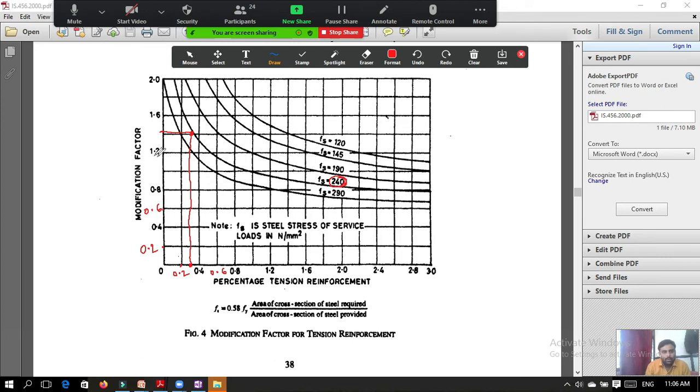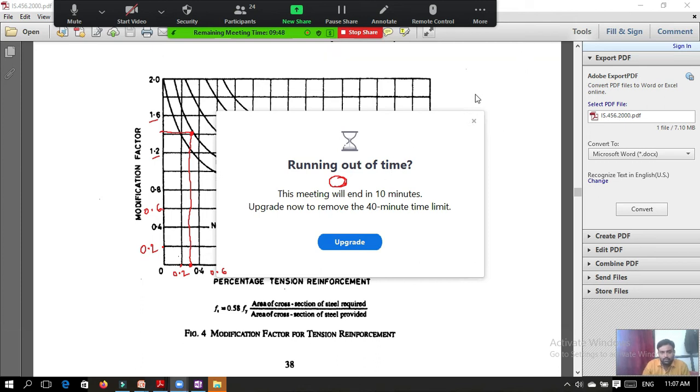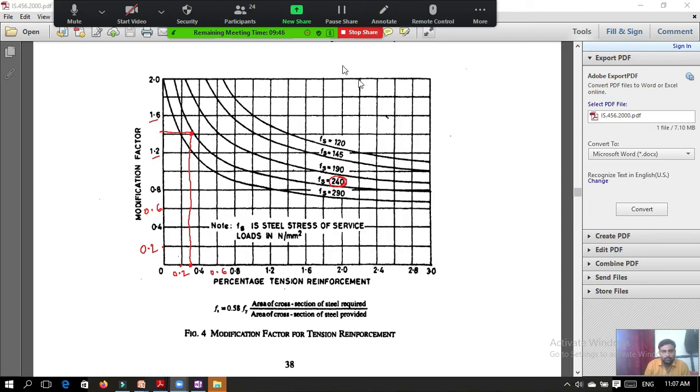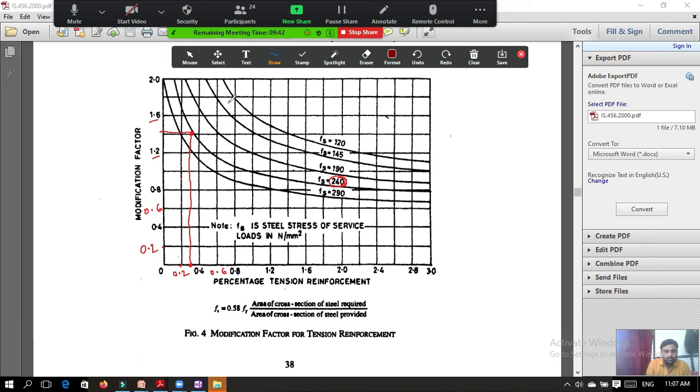Okay. So if this is 1.2 and this is 1.6, then the remaining value will be... just a minute. So now coming back to our point, if this is 1.4, then this value is 1.4 at this point. Okay, and it is just above this point.